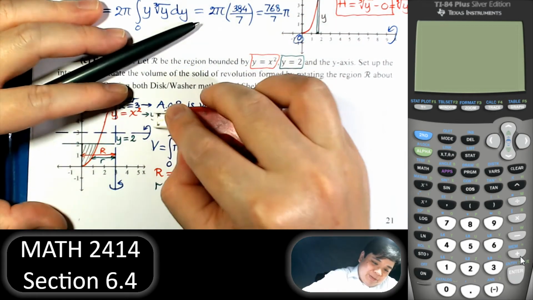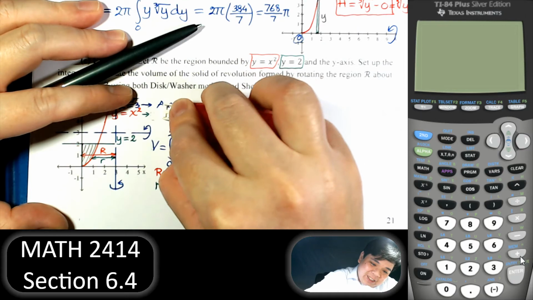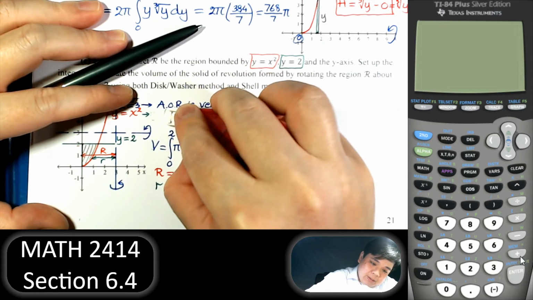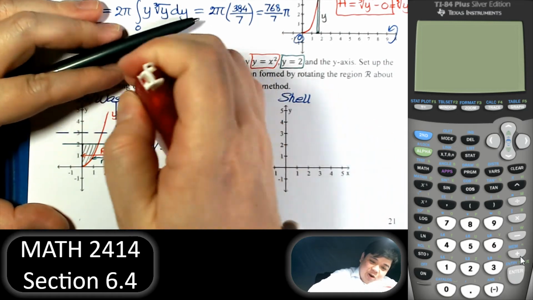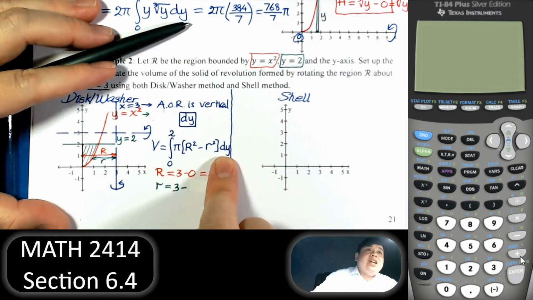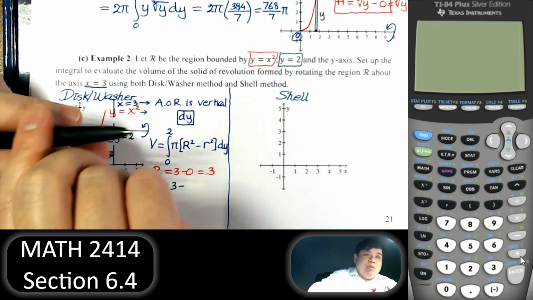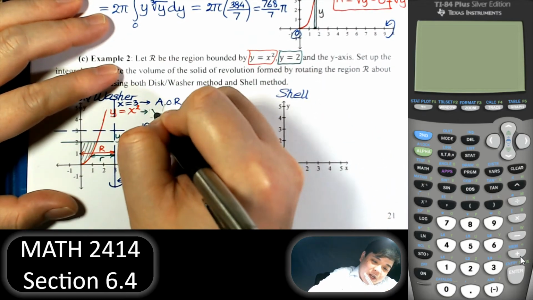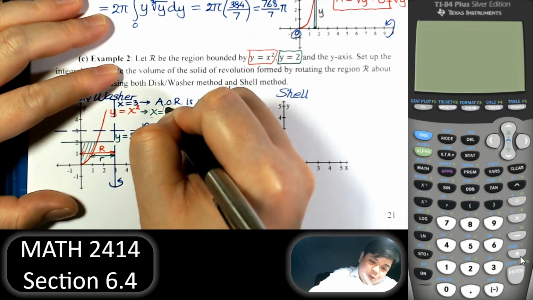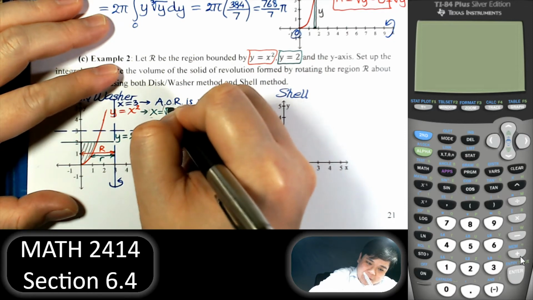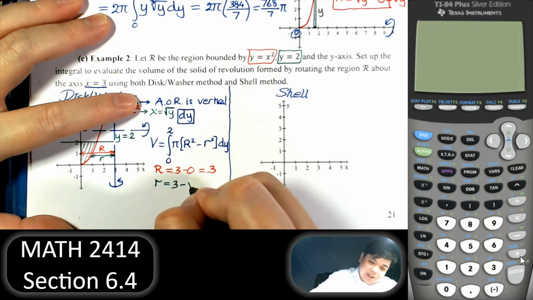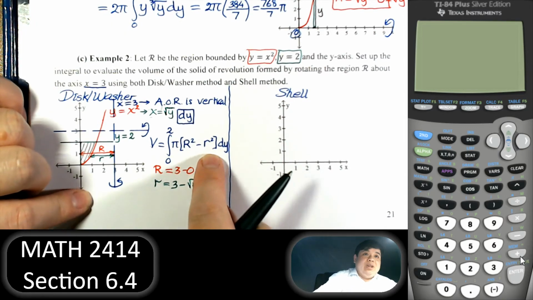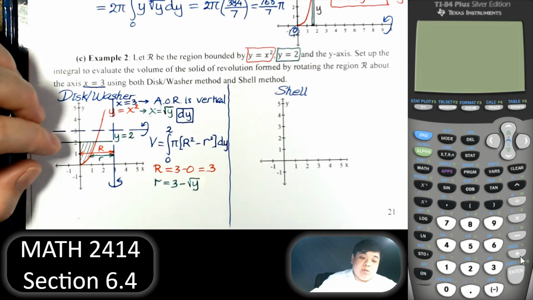Shoot, sorry. As soon as I wrote that down, I know that's wrong. This has to be dy, right? So everything has to be in terms of y. So y equal to x squared is equivalent to x equal to square root of y. Sorry, that was my mistake. Of course, when we put it back in here and we see there's x in there, we know there's something wrong.